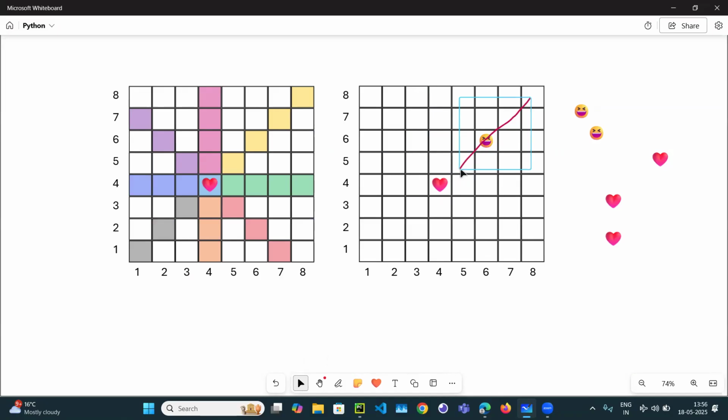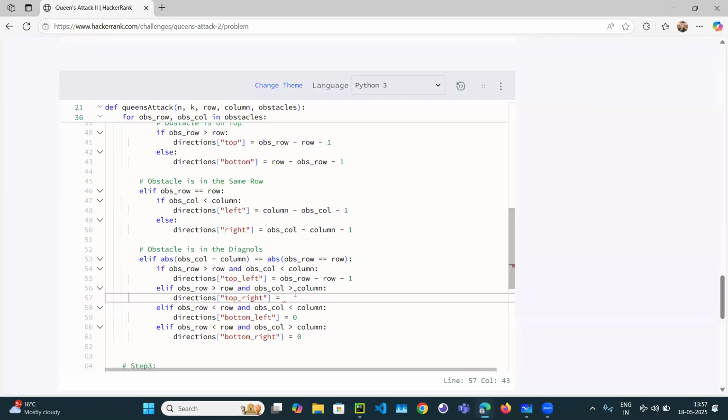So is it 6 minus 4, or is it just a column? It looks like the formula will remain the same: 6 minus 4 is 2, and minus 1 is 1. So obstacle row minus 1.